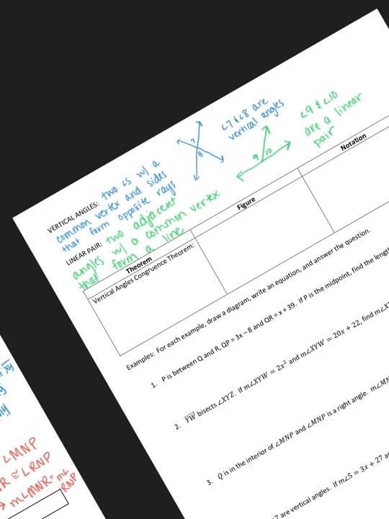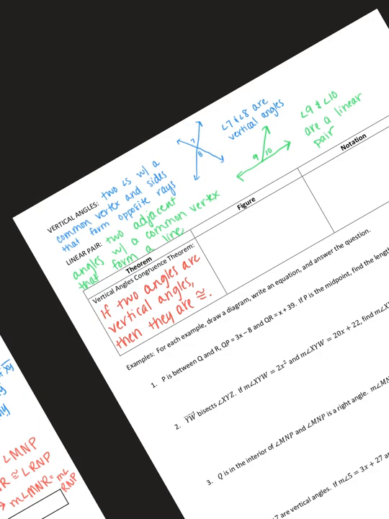So the vertical angles congruence theorem says if two angles are vertical, okay, so if two angles are vertical angles, then they are congruent.